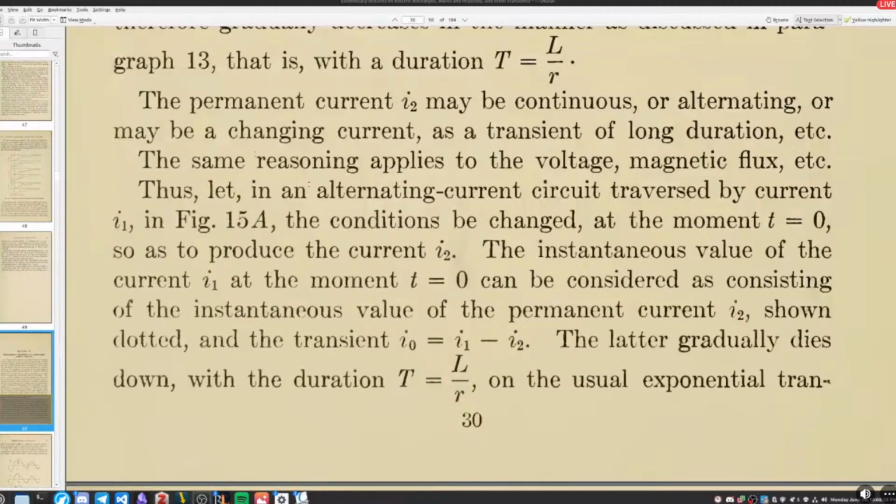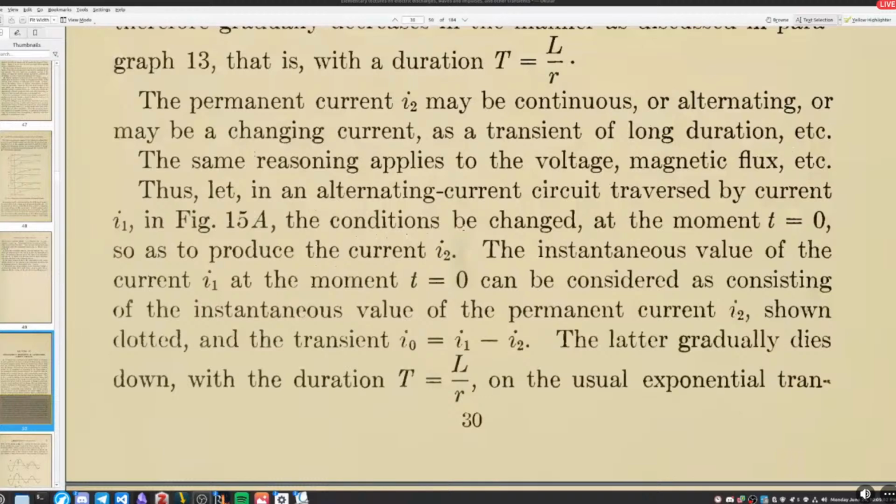Thus, let an alternating current circuit be traversed by a current I sub 1 in figure 15a, and the conditions be changed at the moment t equals 0 so as to produce the current I sub 2. The instantaneous value of the current I sub 1 at the moment t equals 0 can be considered as consisting of the instantaneous value of the permanent current I sub 2, shown dotted, and the transient I naught equals I sub 1 minus I sub 2.